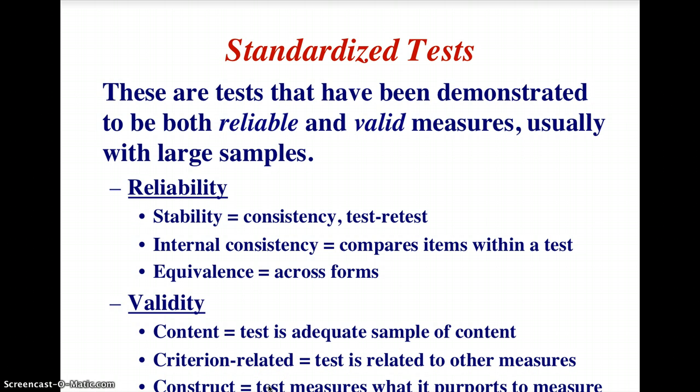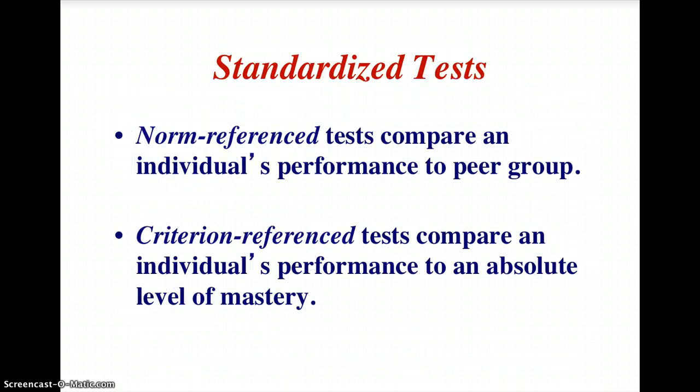Typically, for example, the Peabody Picture Vocabulary Test can tell us something about language development as well as vocabulary knowledge. So that's just an example there. And then the construct: the test measures what it purports to measure. So if we want to measure reading comprehension, does this test actually measure that construct? We have norm referenced and criterion referenced, and that should be a big review from before.